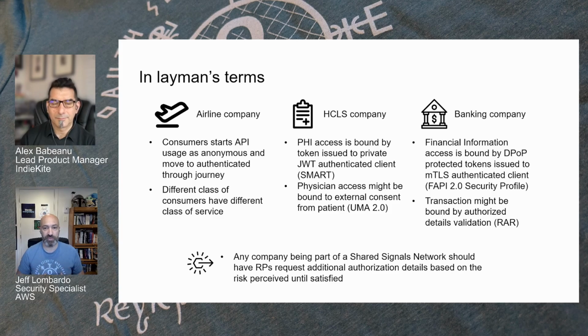So if we talk in layman's terms here, giving less of an analogy and more about the user, use cases and customer stories that we see, we were able to split into four different types of things. The first one is an airline company, for example.